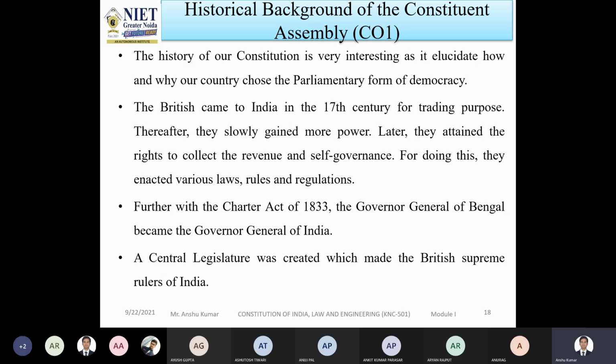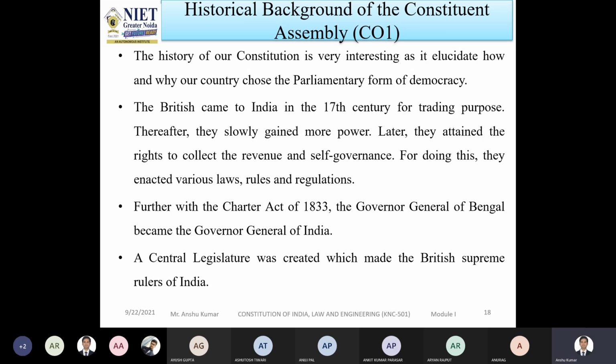And the central legislature was created, which made the British the supreme rulers of India. It started with the Charter Act of 1833. It made the Governor General of Bengal the Governor General of India and vested in him all civil and military powers.